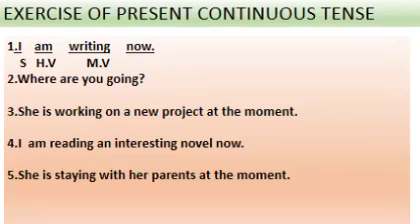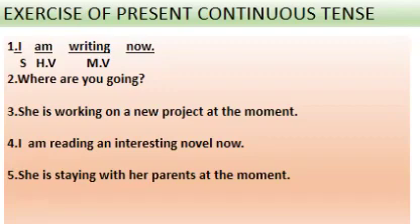So now let's start. So first sentence is there, which is already solved. So I am writing now. So here we are talking about I. So I is a subject and am is a helping verb and writing is a main verb.